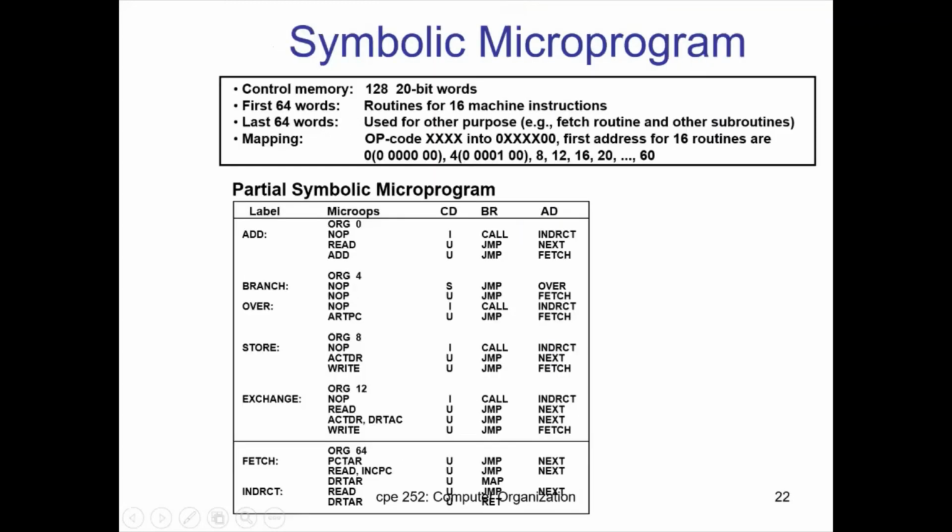So apart from that, this is a very good example of how a microprogram will be written using a microprocessor. The microprocessor has a program like this, which we don't understand. This is called assembly language. This is written for controlling your computer's CPU.